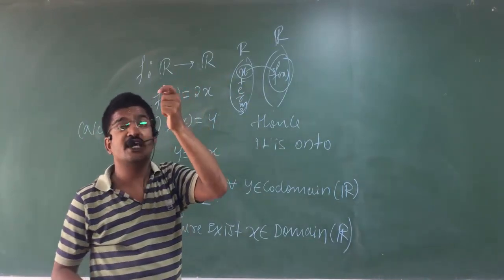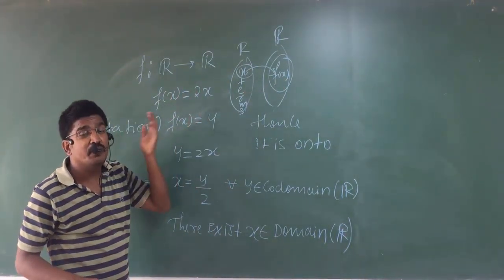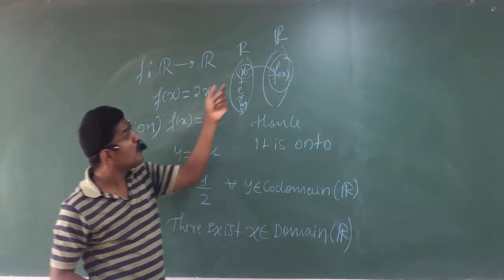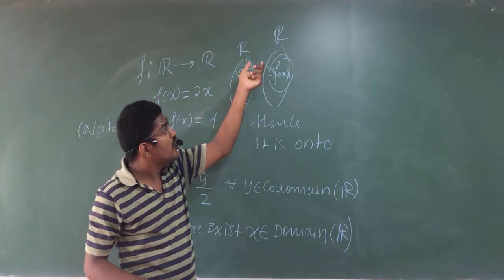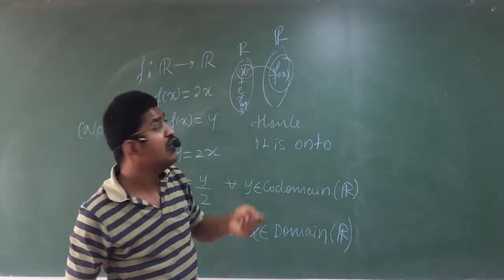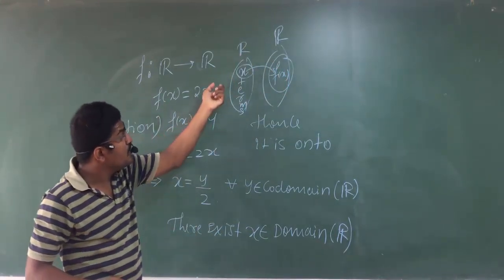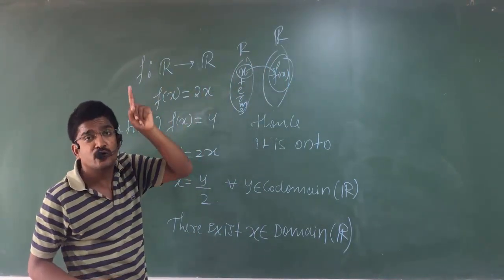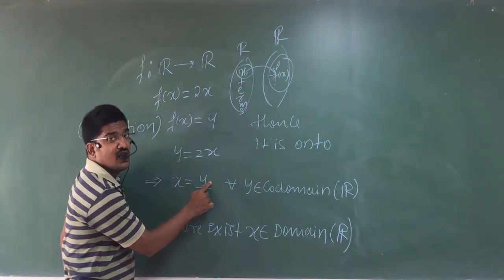X is present in the domain. F of x, I will write it as y. Please have clarity in everything. For this f of x, there is a pre-image in the domain that I have to prove. So I am proving here. Y is nothing but f of x.